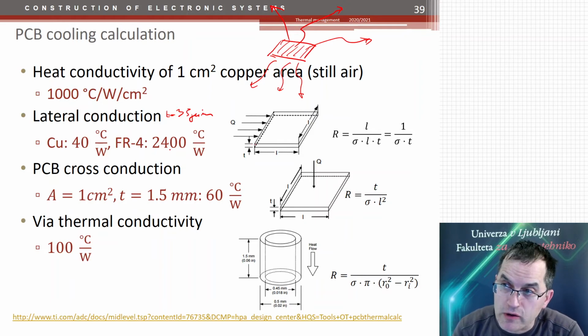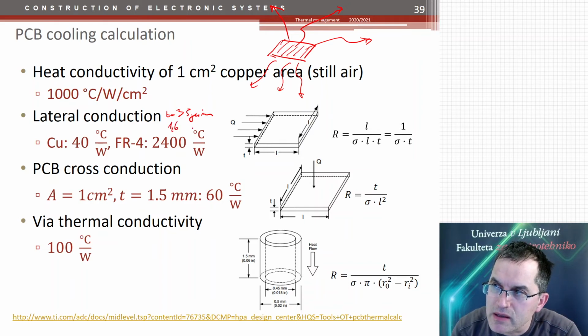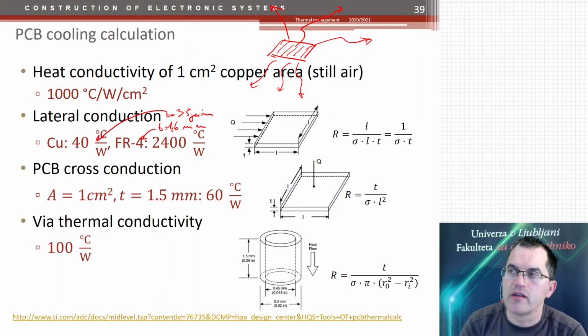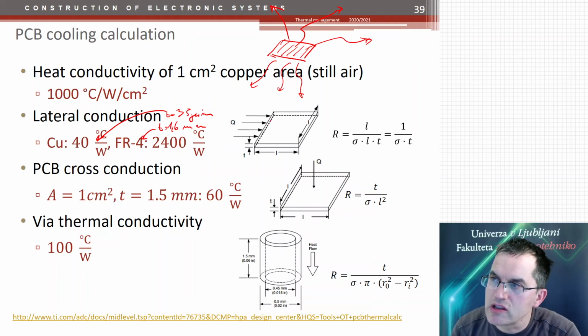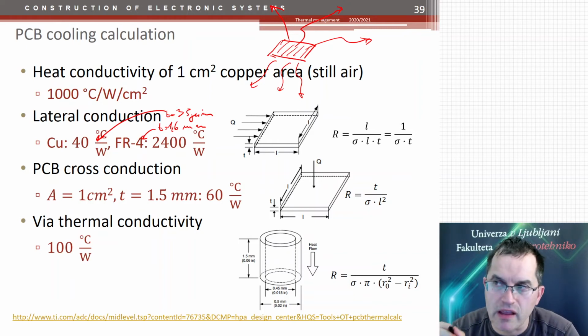Now FR4 is much worse. The FR4 is almost negligible. If you combine the FR4 of 1.6 millimeters thickness and the copper of 35, it is still much worse. So you should remember that conduction laterally is done primarily through the copper layers, even though they are thinner.